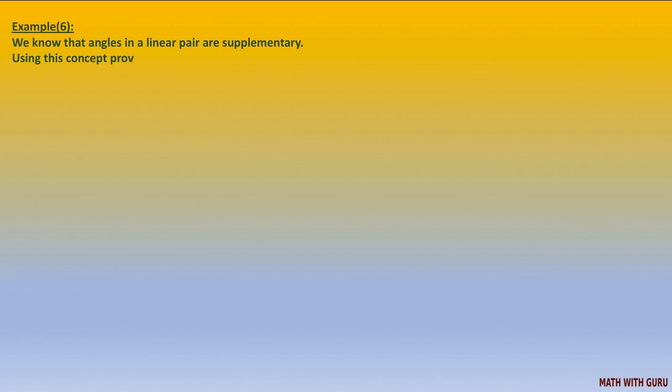Let us go to the next example. Example 6. We know that angles in a linear pair are supplementary. Using this concept, prove that vertically opposite angles are equal.